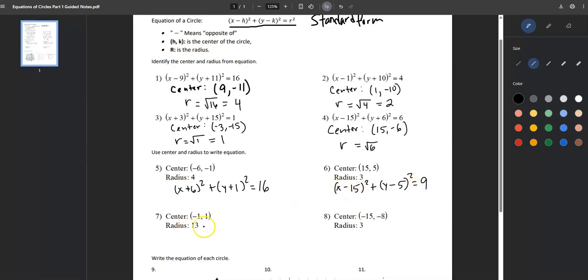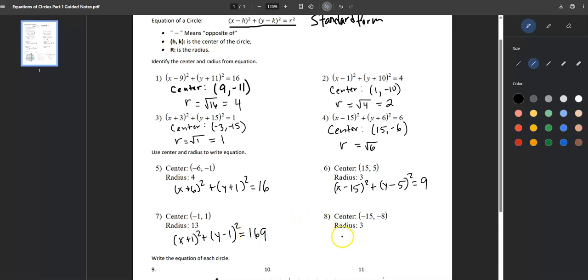This third example would be x plus 1 squared, y minus 1 squared. It's all the same form, but remember, it's always the opposite sign. And then this is going to equal 13 squared, which is 169.